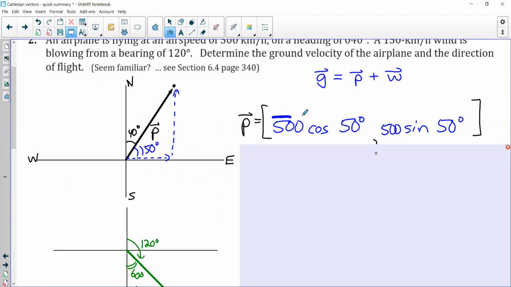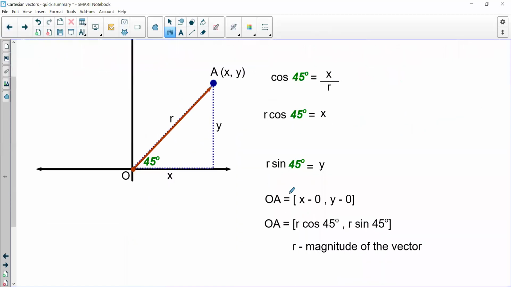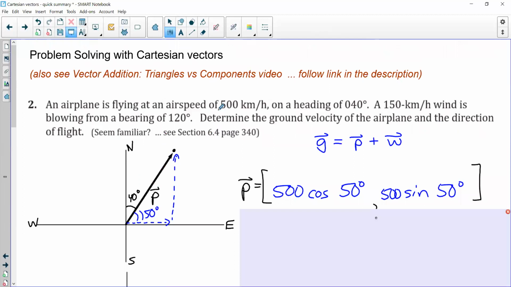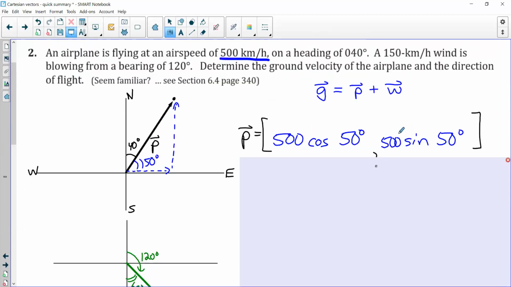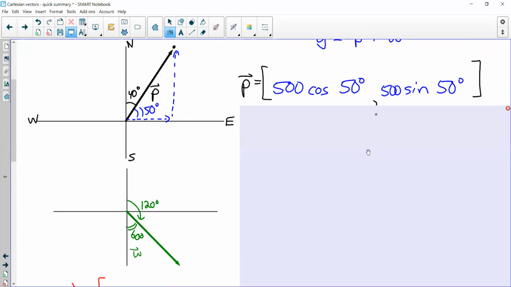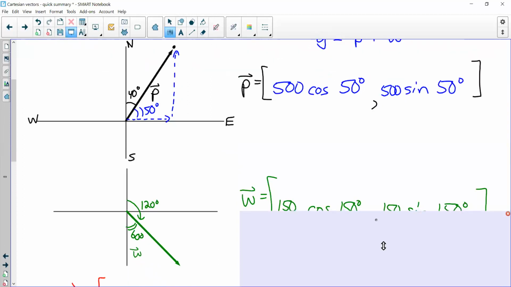So the r that we talked about in the previous example here, like I said, it's the magnitude of the vector. So in this word problem, the magnitude is your speed. So that's where these two come into play. So what else are you given? You are given information regarding the wind.